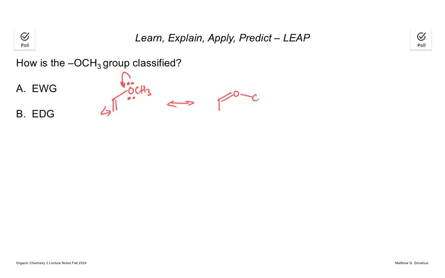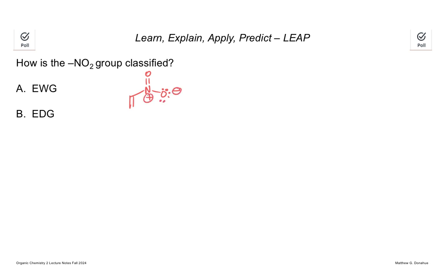So this will be an electron donating group. The nitro group we saw in a prior problem using the help of the Lewis dot structure was electron withdrawing because it has that plus charge right next door to the alkene. In this case, the pi bond comes up, the plus charge moves down.